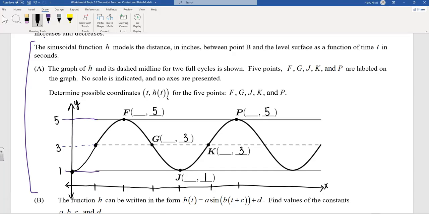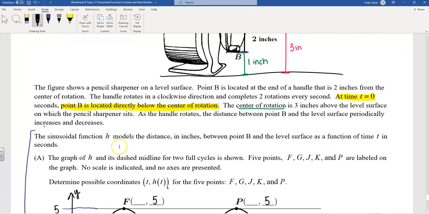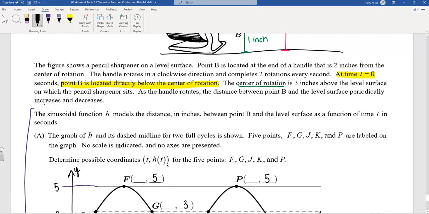Now, our x coordinates, we have to think about what's happening. This x down here, this is your time, right? The time that you have, I believe, in seconds. Here, surely it's seconds. So we're looking for information dealing with the number of seconds for a rotation.